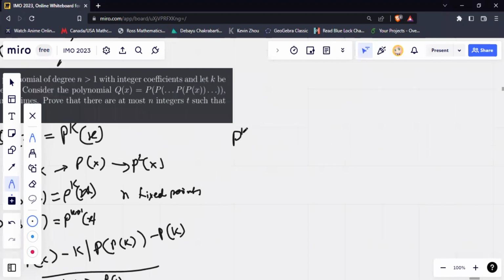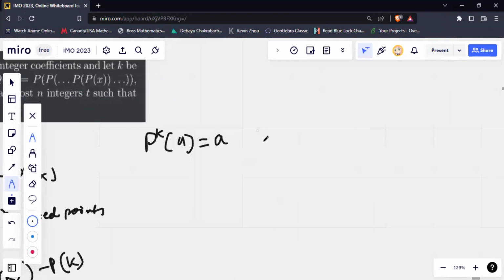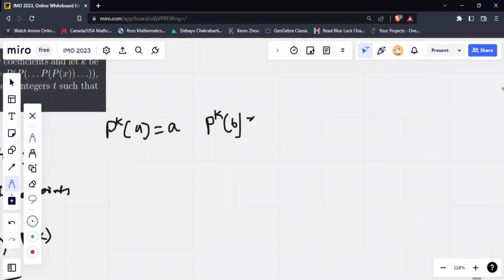Suppose we have two fixed points a and b. Then a minus b divides P of a minus P of b. This is by our lemma.